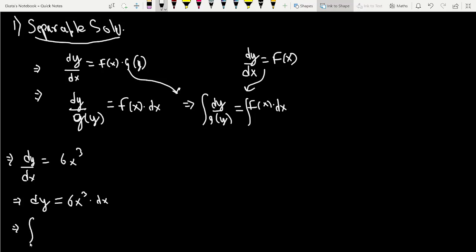Integrating on both sides, the integral of dy equals 6 times the integral of x cube dx, where 6 can be taken out of the integration sign.